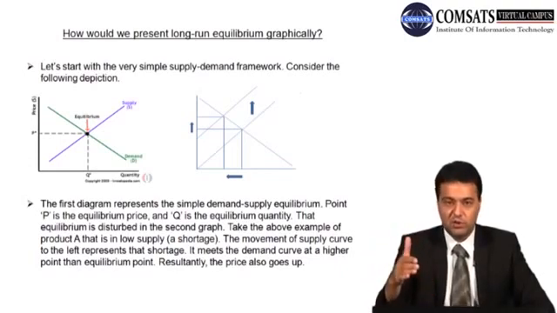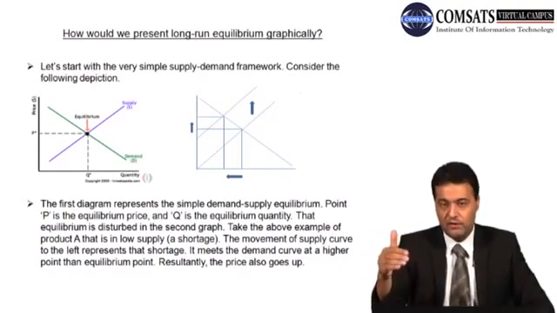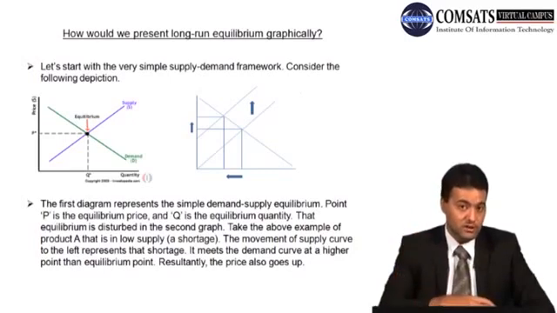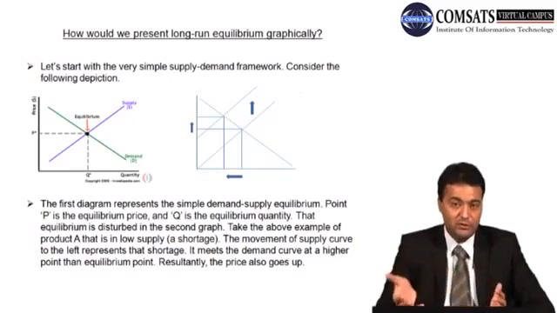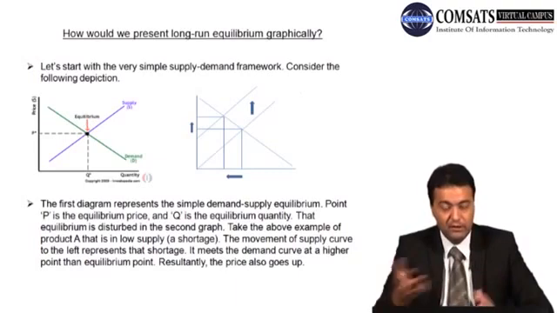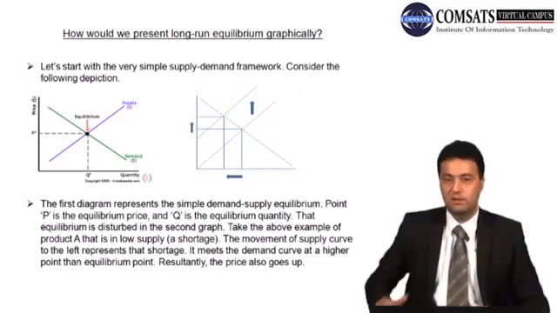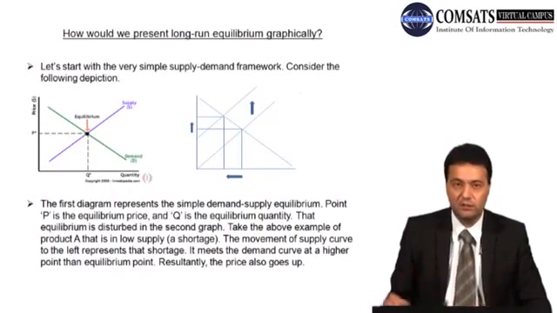So this negative shock over here, when it reduces the quantity, it increases the price, but with the increase in price there is also an increase in the internal rate of return, which makes it very attractive for the investors who would try to come in to this industry, which produces the industry for the production of product A, and try to make use of those higher internal rate of returns.